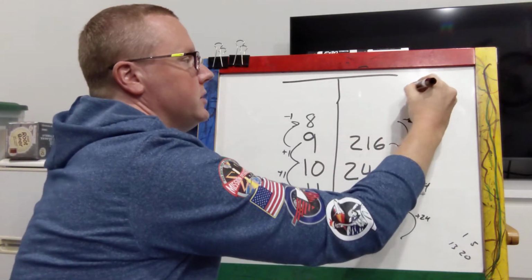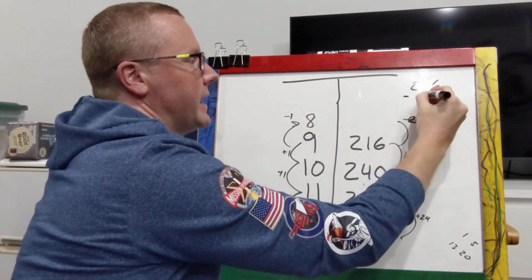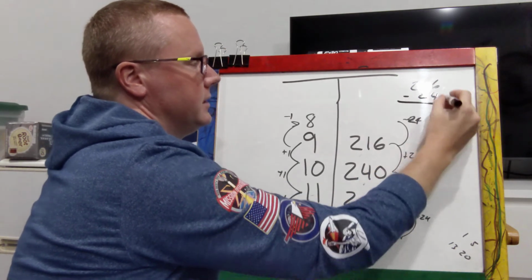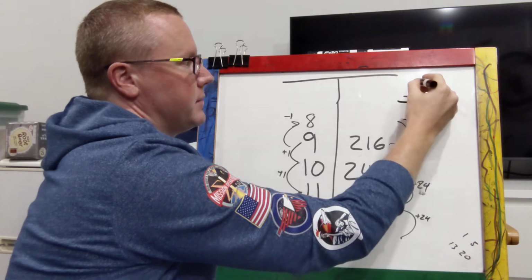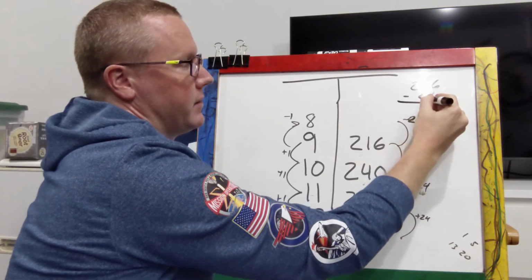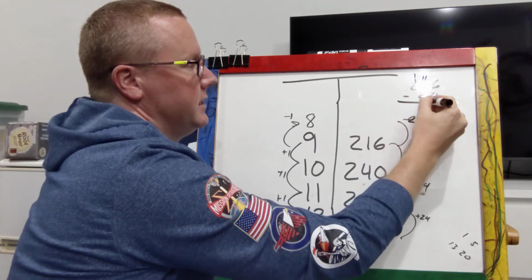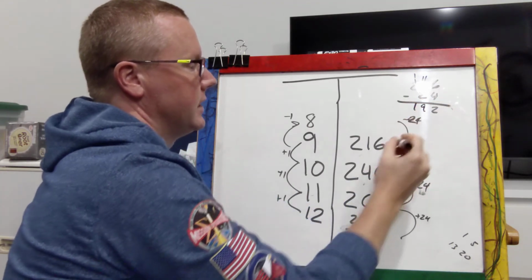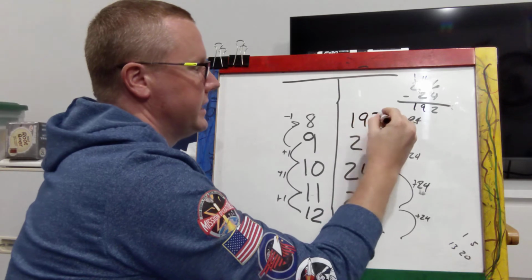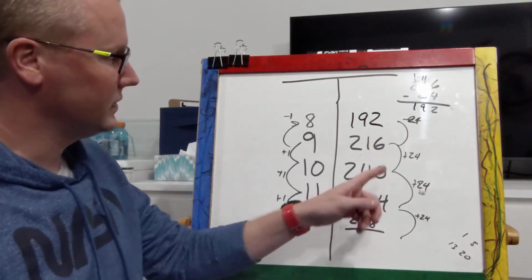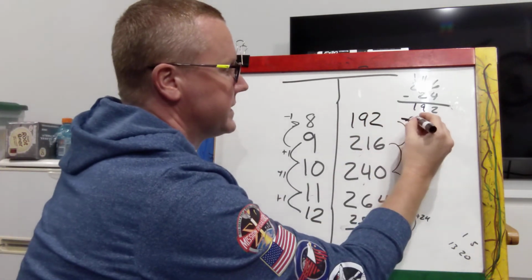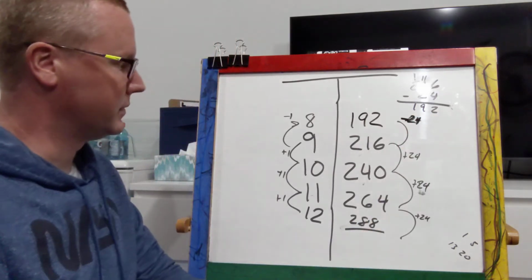So I can do 216 minus 24. And I get a 2. I can't take away 2 from 1, so I have to borrow, and that turns into 11. That's a 9, and I get 192. So that went minus 24 going up.